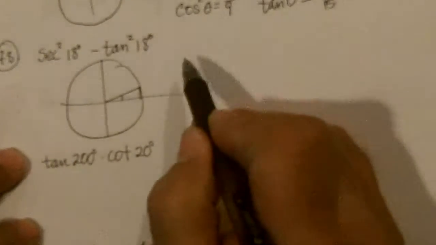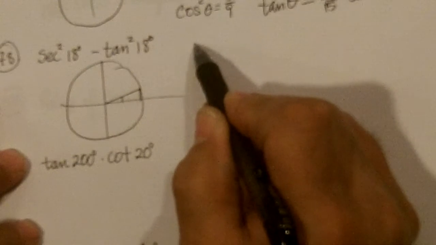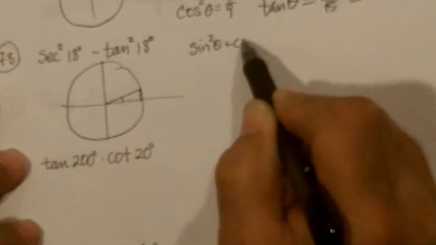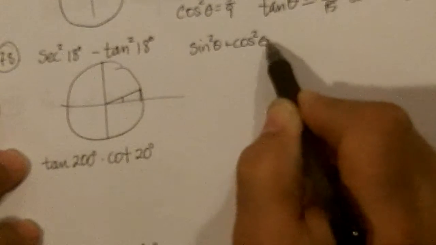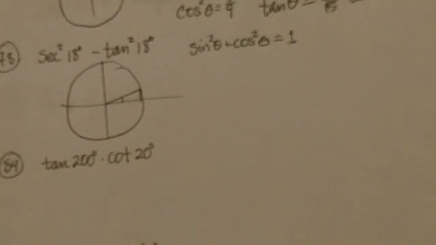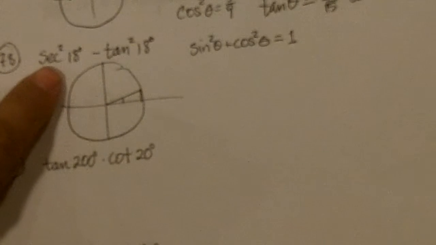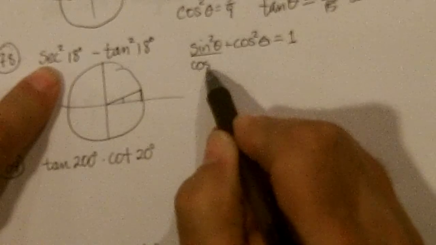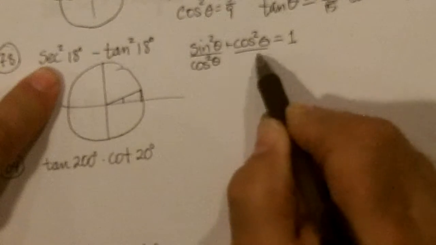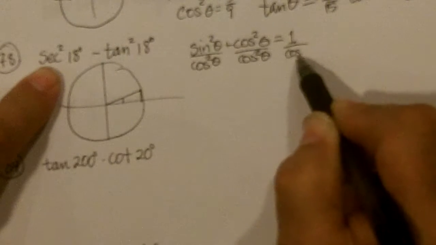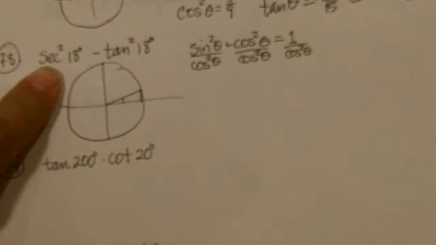And it came from the Pythagorean theorem, which was sine squared angle plus cosine squared angle always being 1. Now secant is 1 over cosine. So if I divided everything by cosine squared of the angle, what do I get?